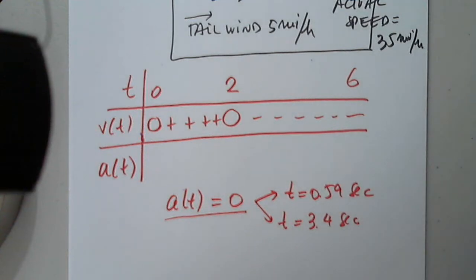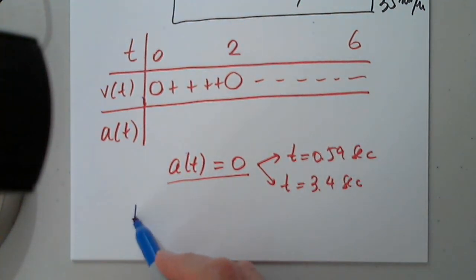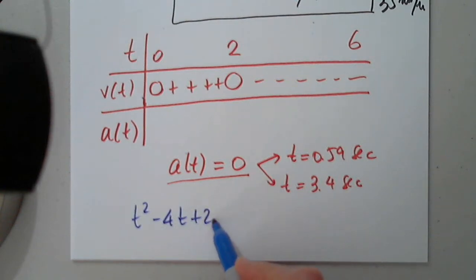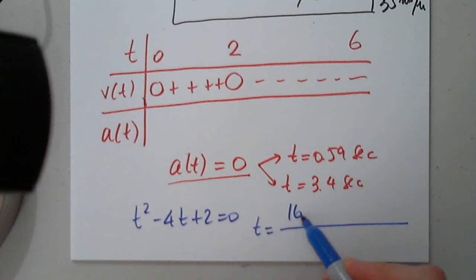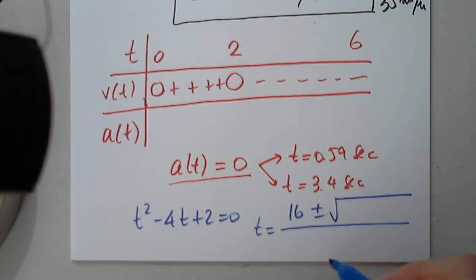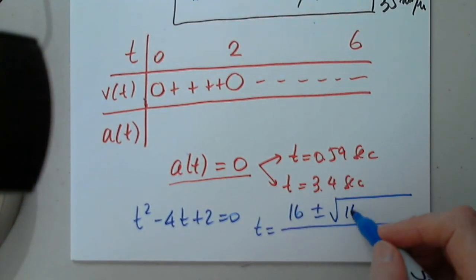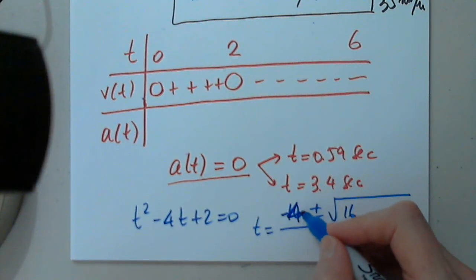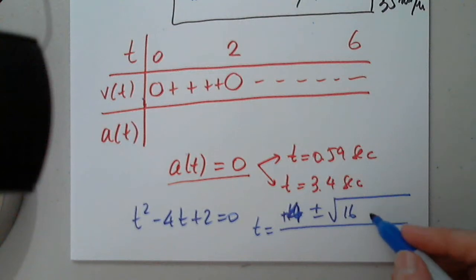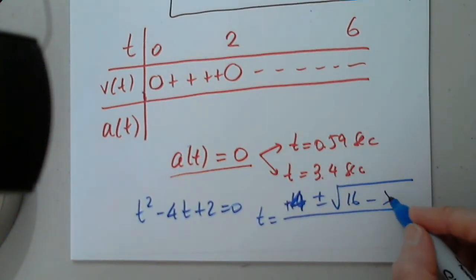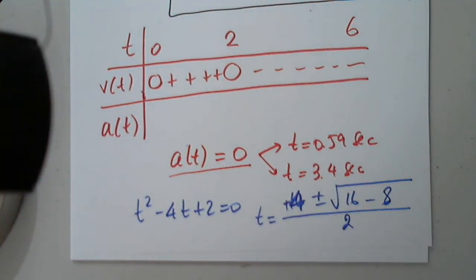Will we have to do that whole calculator thing you just did? Because I personally have no idea what you just did. I solved the equation t squared minus 4t plus 2 equals 0, as t equals negative b plus or minus the square root of b squared minus 4ac, over 2a, the quadratic formula.